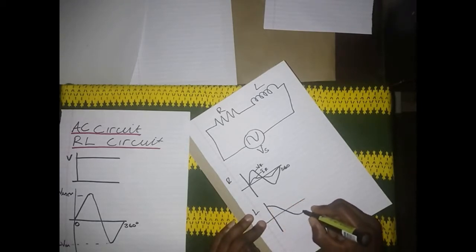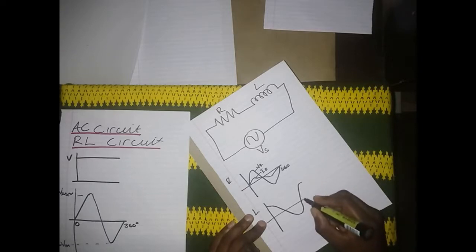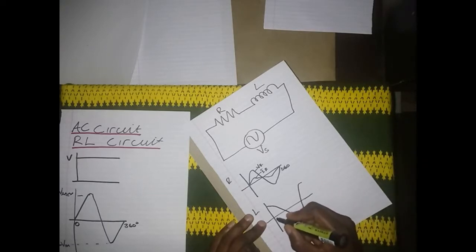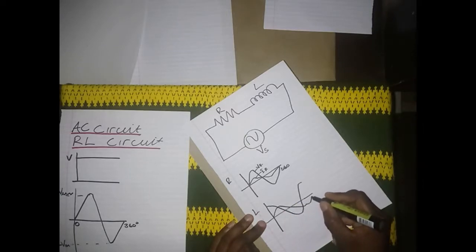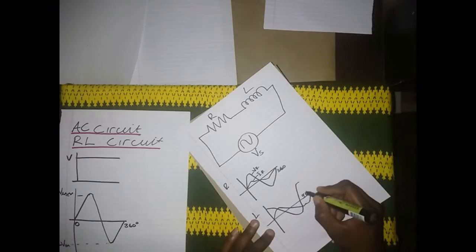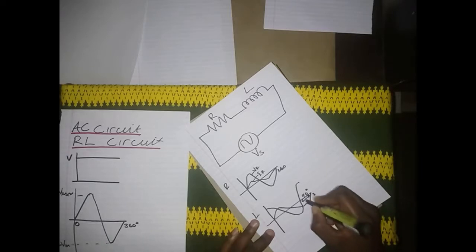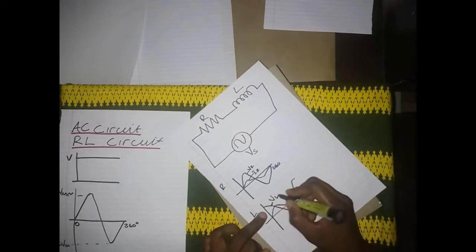This will be your voltage, and you see this is going to be your 90 degrees difference, the voltage VL.